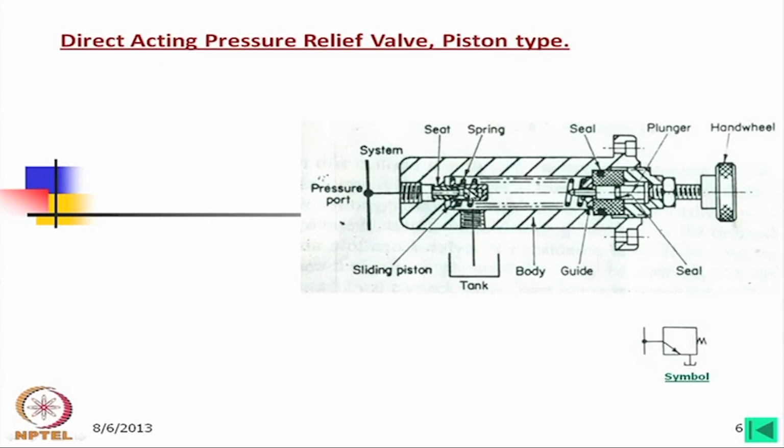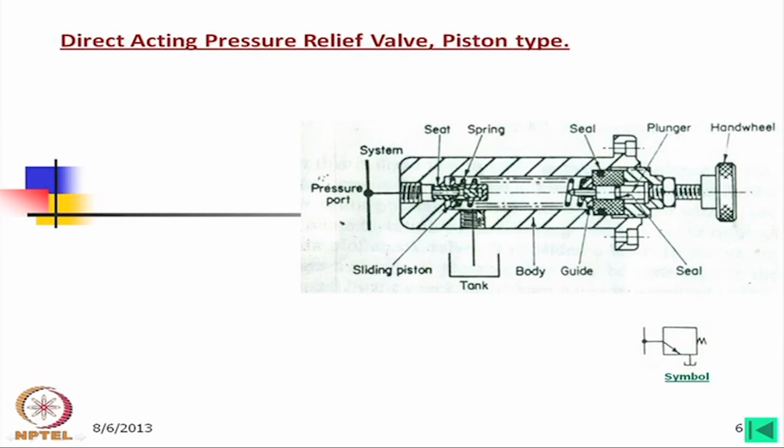That means you may consider this a piston and this a cap. When the pressure rises, there will be thrust and it will gradually move outside. There is a hole on this cap, and through this hole the oil will come and go to the tank. The other mechanism is more or less the same as in the poppet type valve.